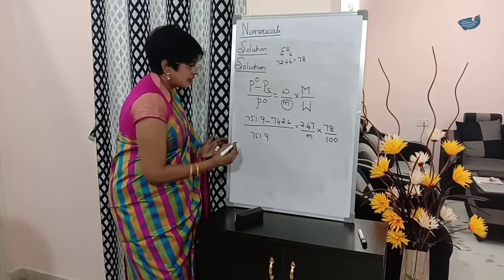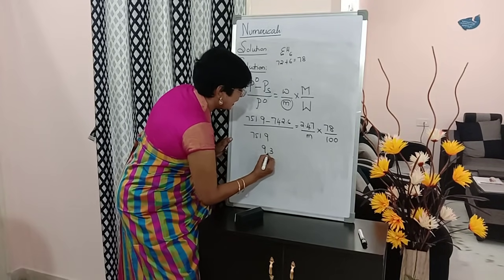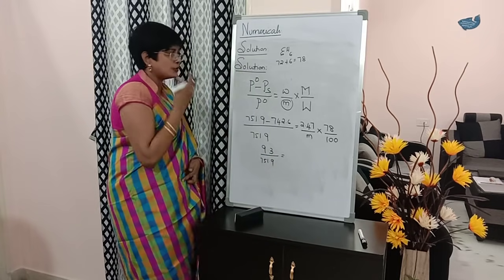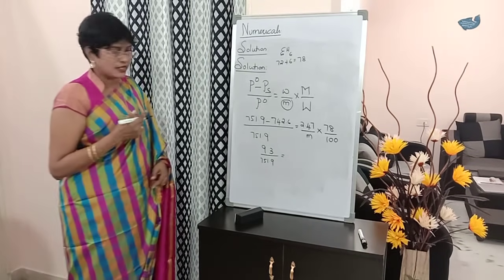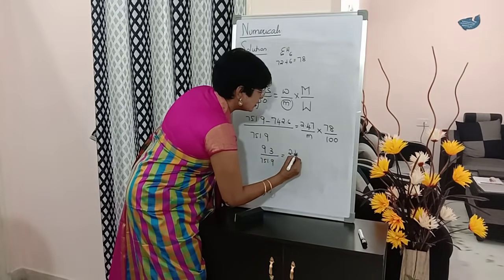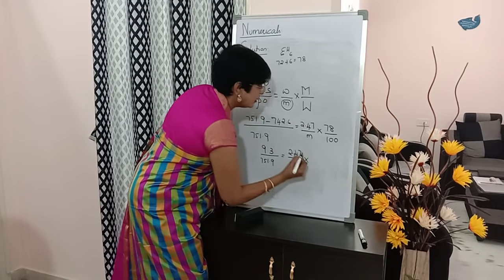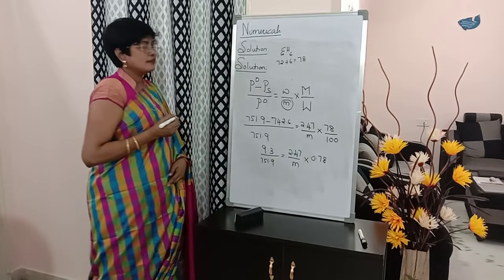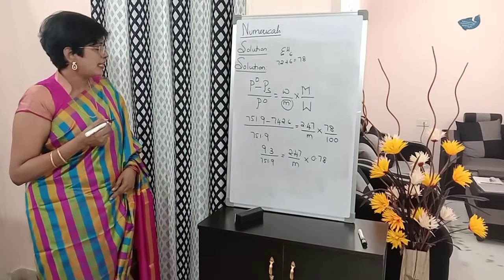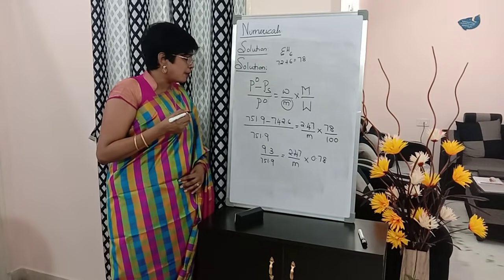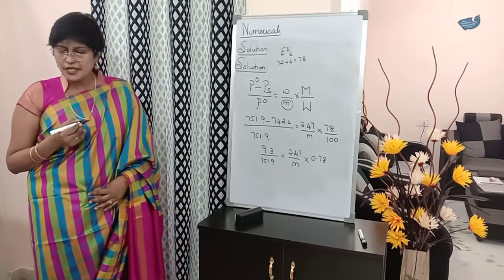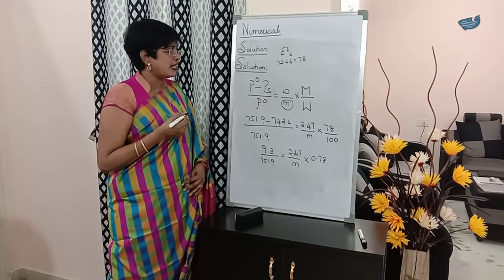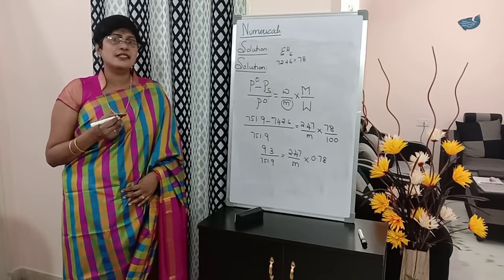Did you get 9.3? So 9.3 divided by 751.9 is equal to 2.47 by m into 78 by 100. Copied? We can write it as 0.78.